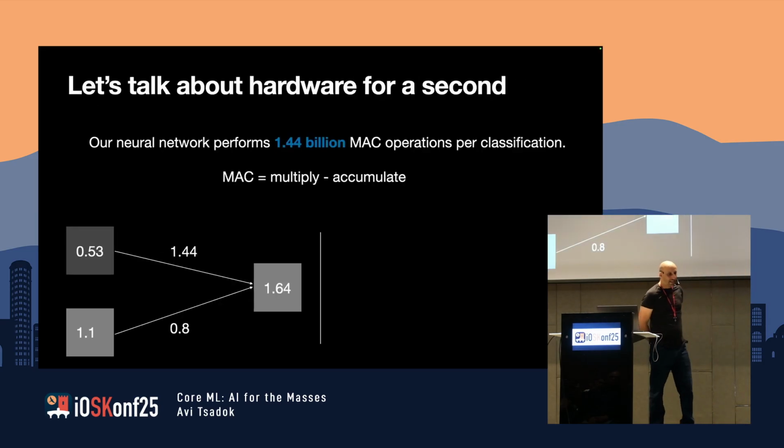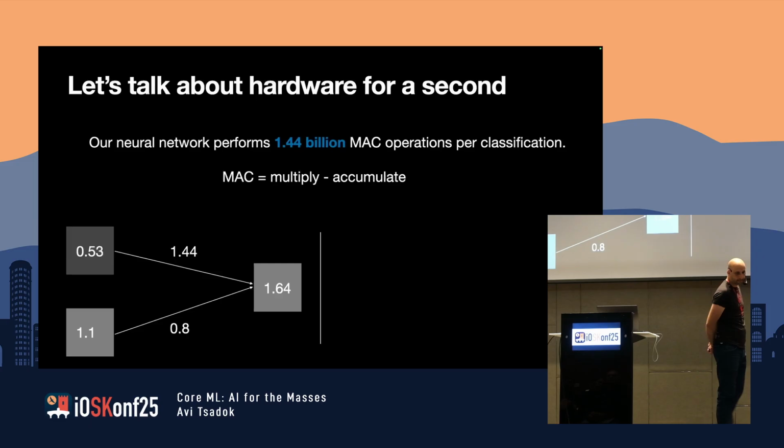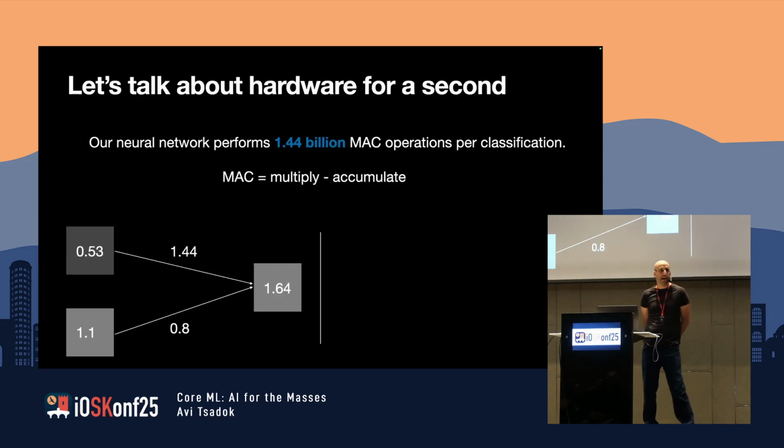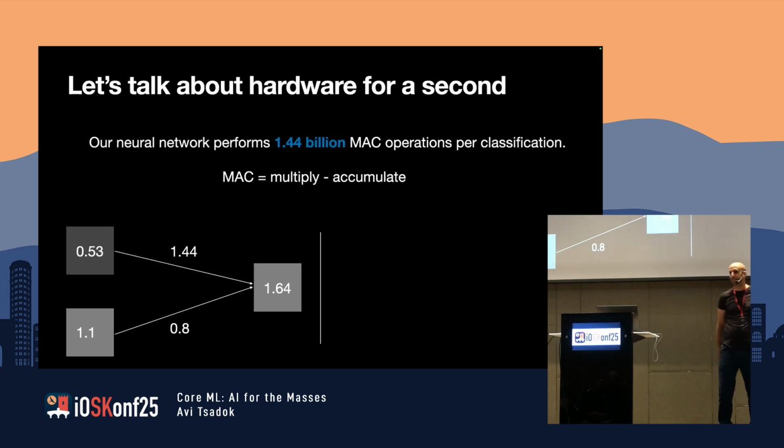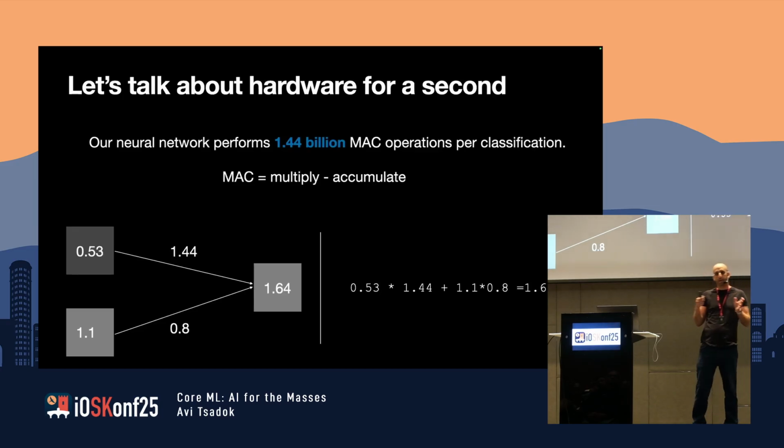So let's talk about hardware for a second. A neural network can be something like 1.5 billion MAC operations. MAC is not Mac, as you know it, it's multiply accumulate. It's the actual mathematical operation that a neural network needs to do.